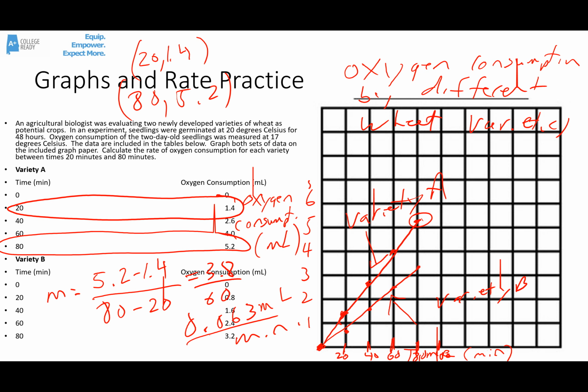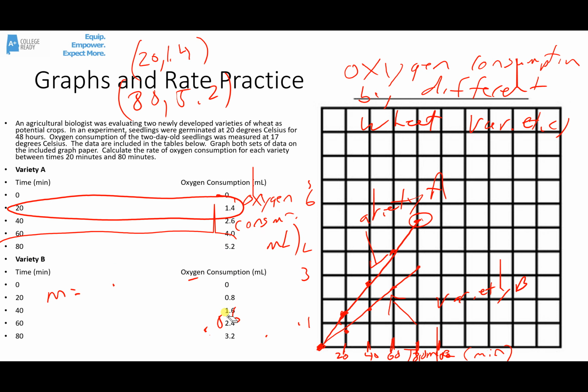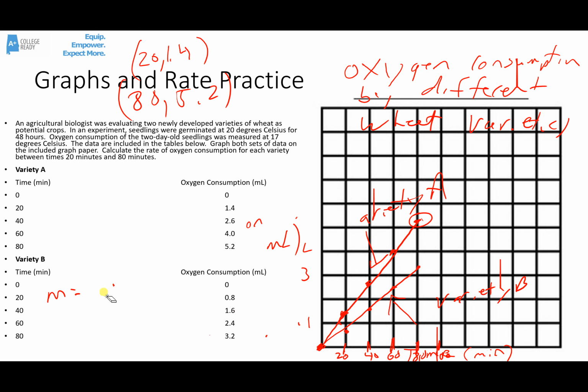Now for variety B, we're going to do the same kind of thing. Let me erase a little bit here. So we're asked to calculate, again, between 20 and 80. So here's 20 and here's 80. Our point at 20 for variety B was 20 and 0.8.